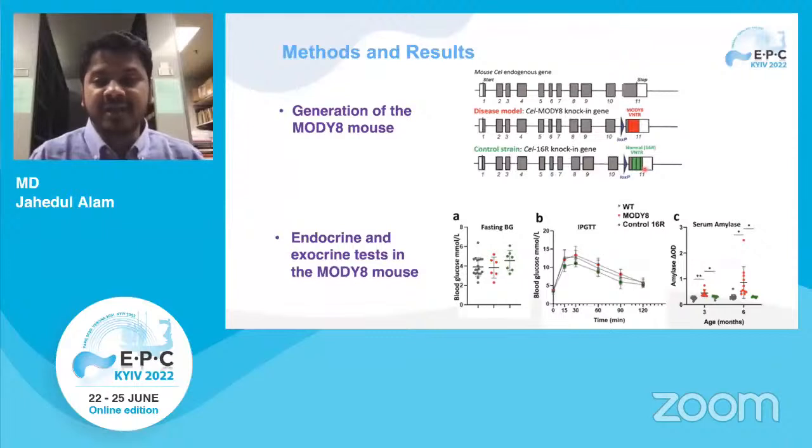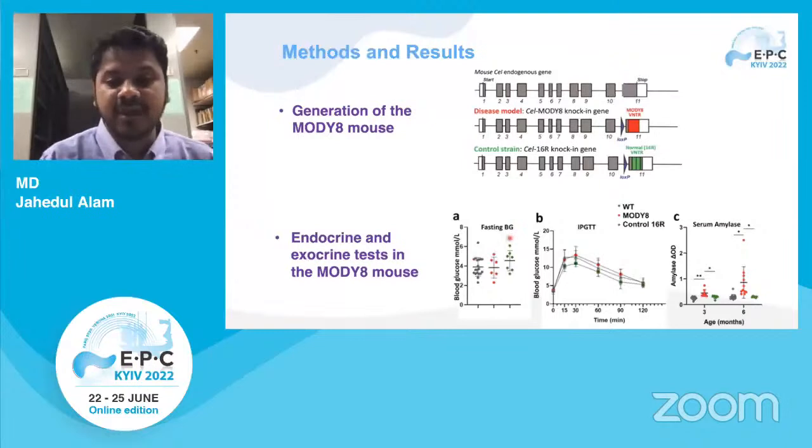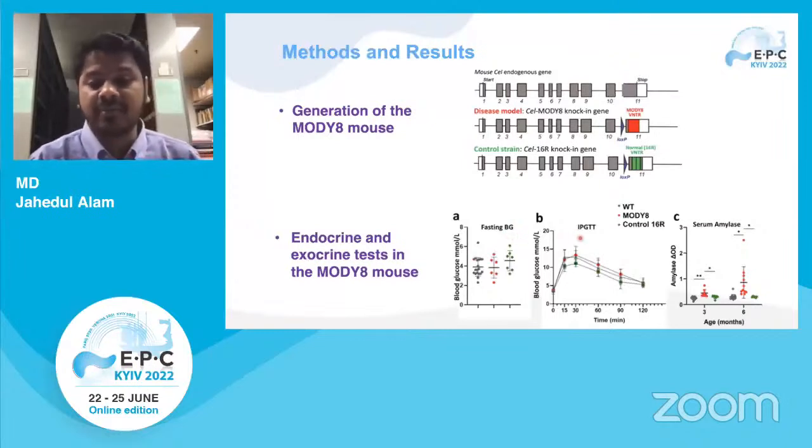We also created a control strain with the normal VNTR sequence of the human CEL gene. To determine if the mice are diabetic or not, we measured fasting blood glucose and performed intraperitoneal glucose tolerance tests. No structural differences were observed between the MODY8 mice and littermate wild type and control mice.